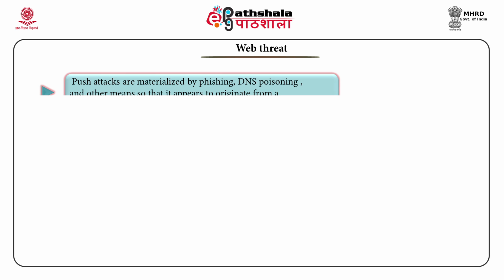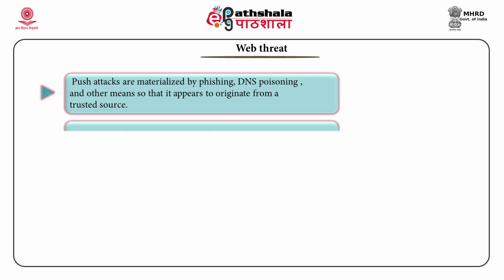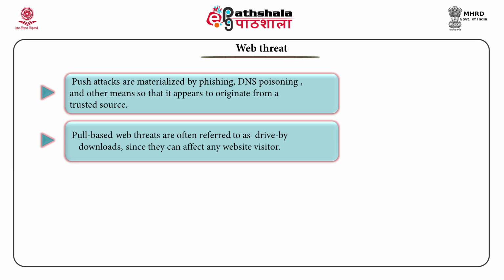Another push based attack can be materialized by DNS poisoning. DNS poisoning means you think that the data has come from a trusted authority, but actually it has come from some fraudulent source. Pull based web threats are majorly driven by downloads.